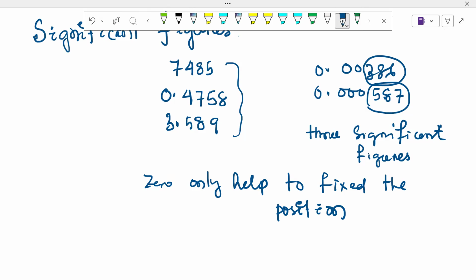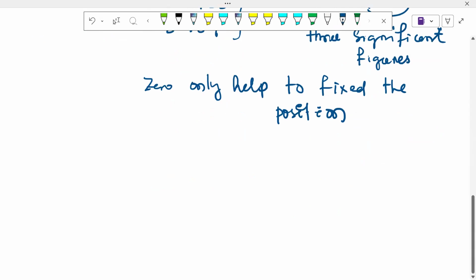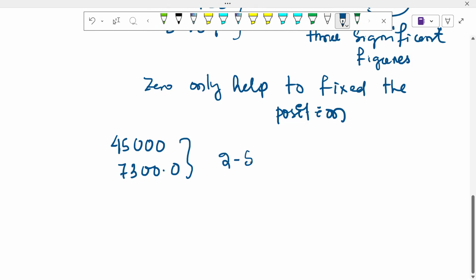How many significant digits? Suppose another example I have to explain here: 4512373 followed by zeros, which has 2 significant figures only.